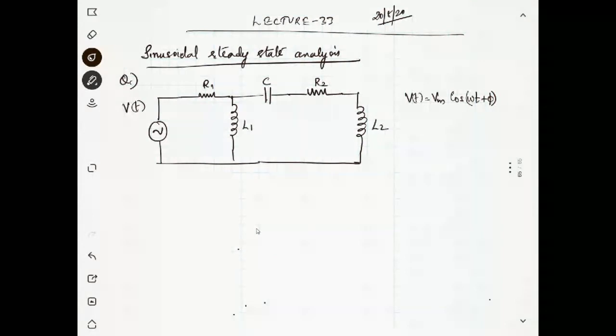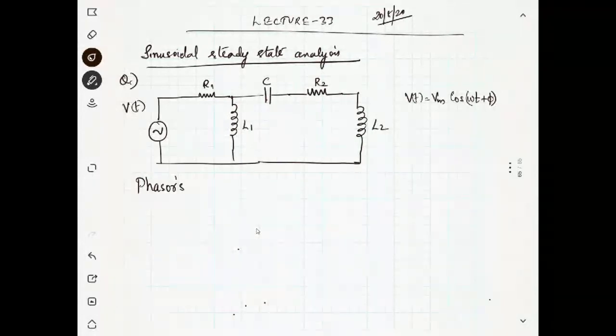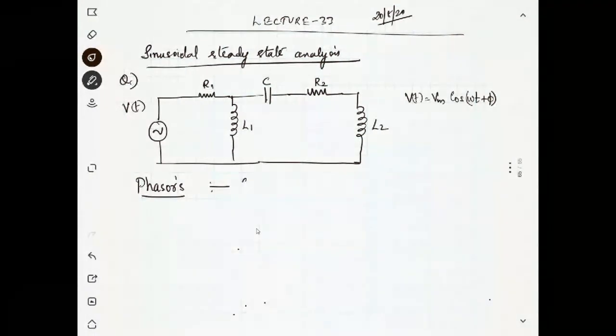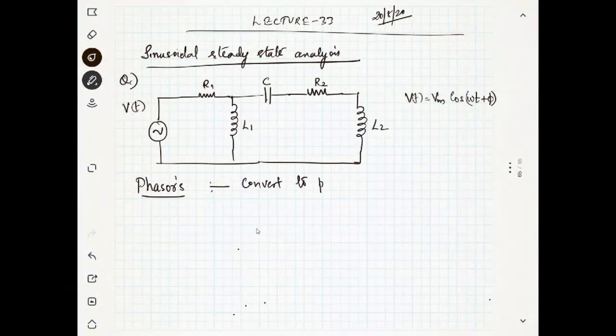Phi is the phase of the cosine signal. We will solve this kind of problem by using phasor representation. So the first step is to convert everything to the phasor domain.